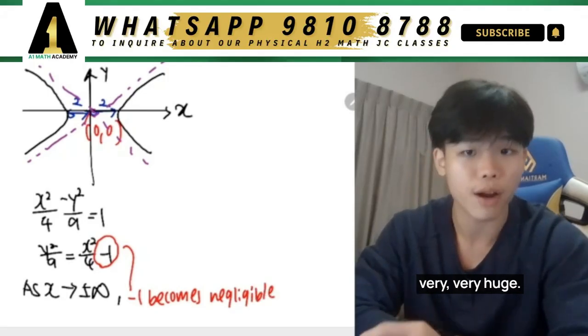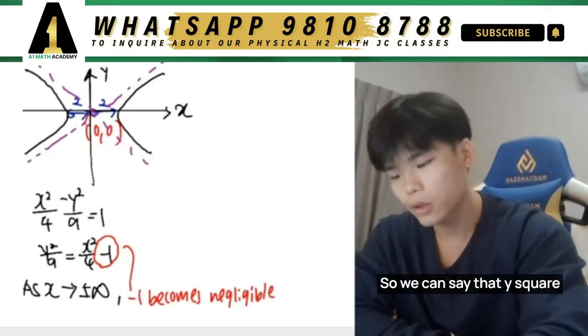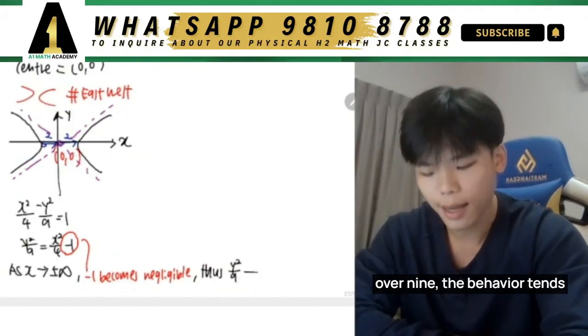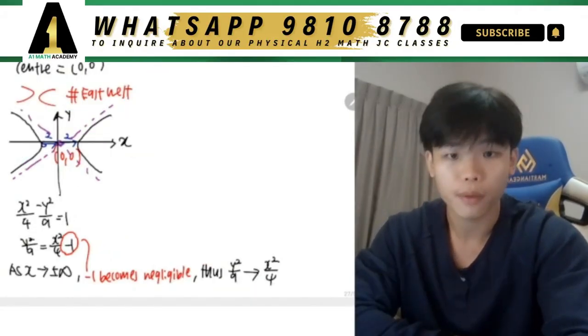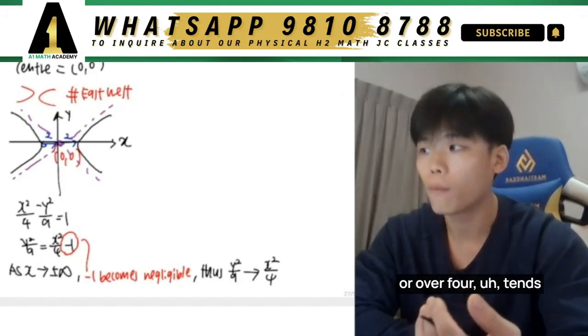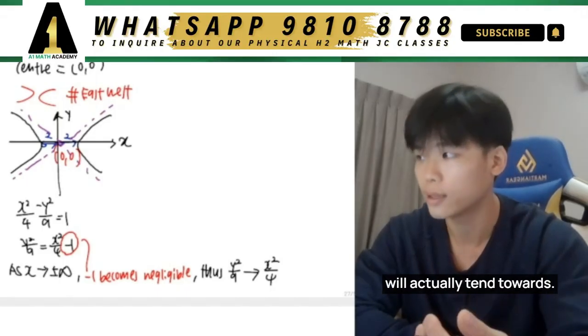As x becomes very, very huge, the effect of that minus 1 becomes negligible. So we can say that y squared over 9, the behavior, tends towards x squared over 4. So whatever value x squared over 4 tends towards, that is the value that y squared over 9 will actually tend towards.